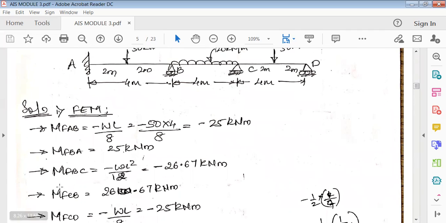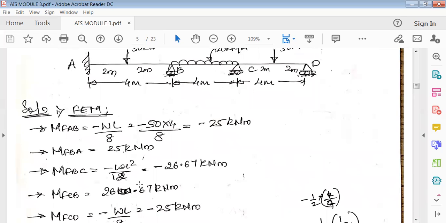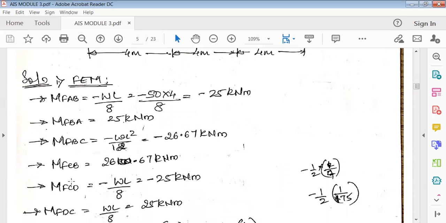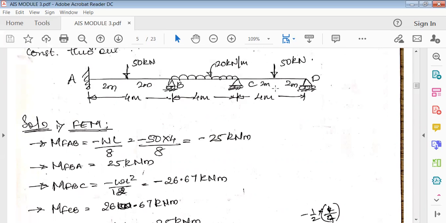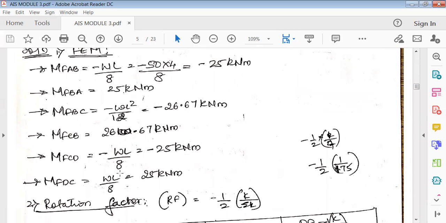Next, MFBC is a UDL, so minus WL square by 12, it's minus 26.67, and MFCB is plus 26.67. Likewise, MFCD, again there is a point load exactly at the center, so it is minus WL by 8, and MFDC is plus WL by 8.